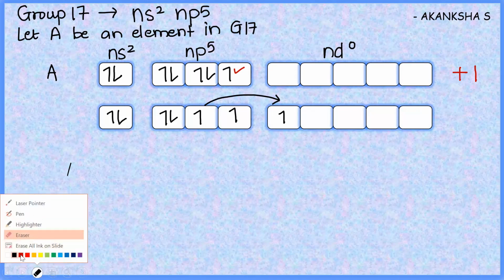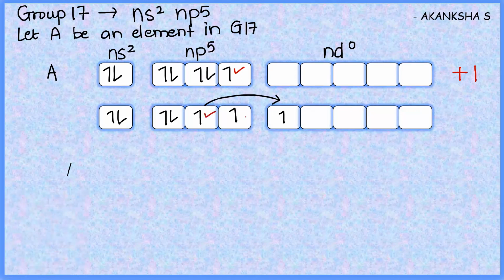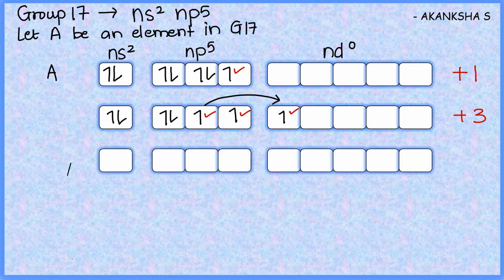How many unpaired electrons do we have now? 1, 2, and 3, right? So it becomes +3. Do we have more paired electrons? Yes, we do. So what are we waiting for? Keep unpairing. If you have understood, pause the video over here. Do it by yourself, then resume. Check whether you're able to understand.